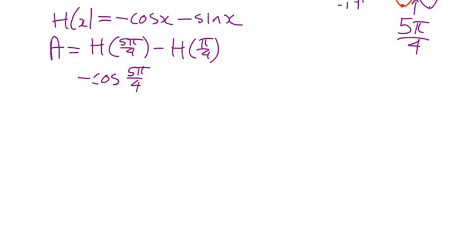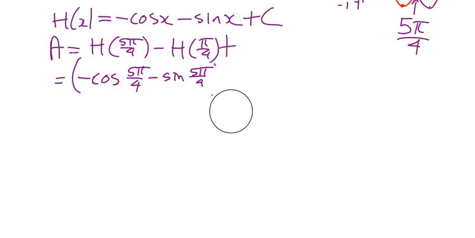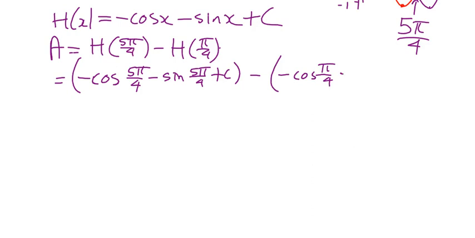It's equal to the negative cos of 5 pi over 4 minus the sine of 5 pi over 4 plus c. Minus the negative cos of pi over 4 minus the sine of pi over 4 plus c.